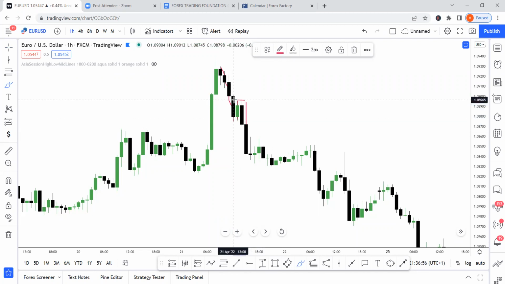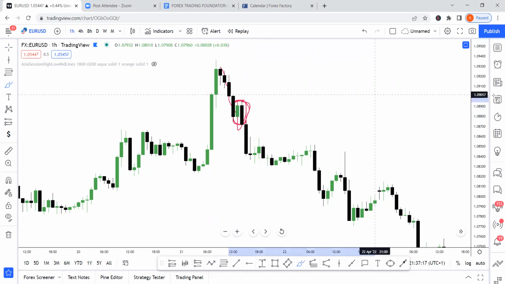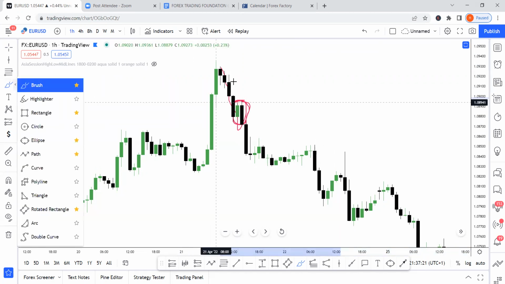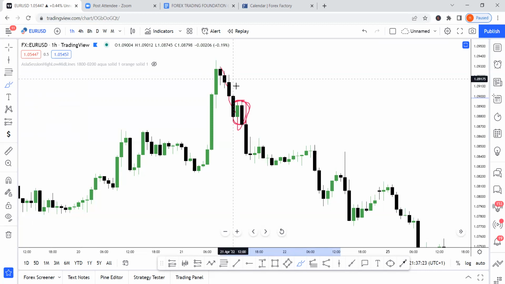Now look at this combination of candles here. What combination of candles is this? Engulfing. That gives you enough clue that liquidity has come. We are going down. Does it come back to this level again? No, it does not come back here again.